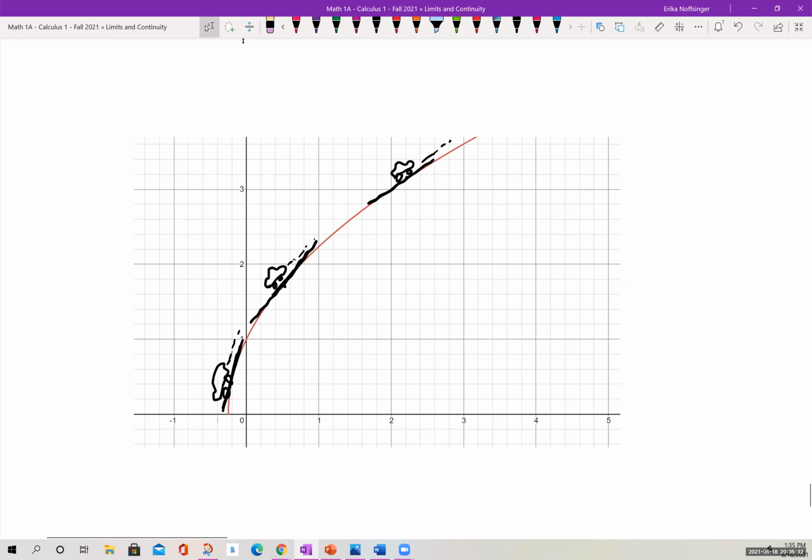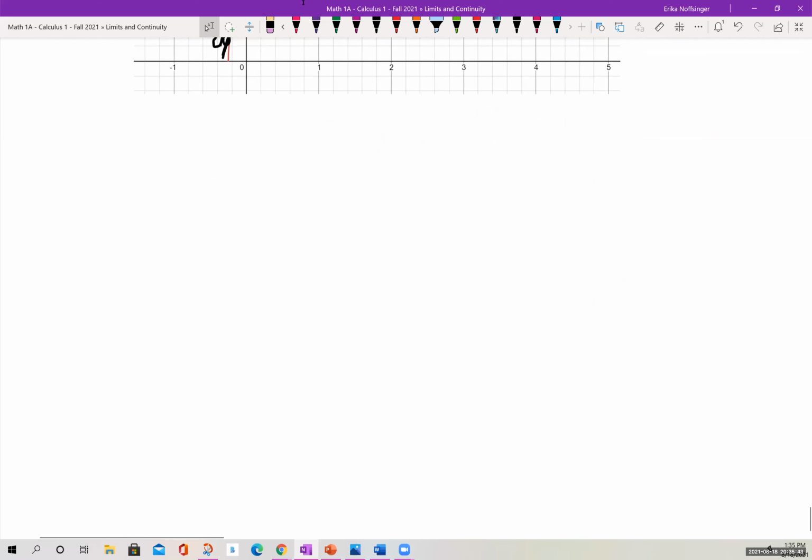Okay, so let's pull in a couple more examples from the book. If you have the following equation, let's say y is equal to x cubed minus 3x squared, oops.